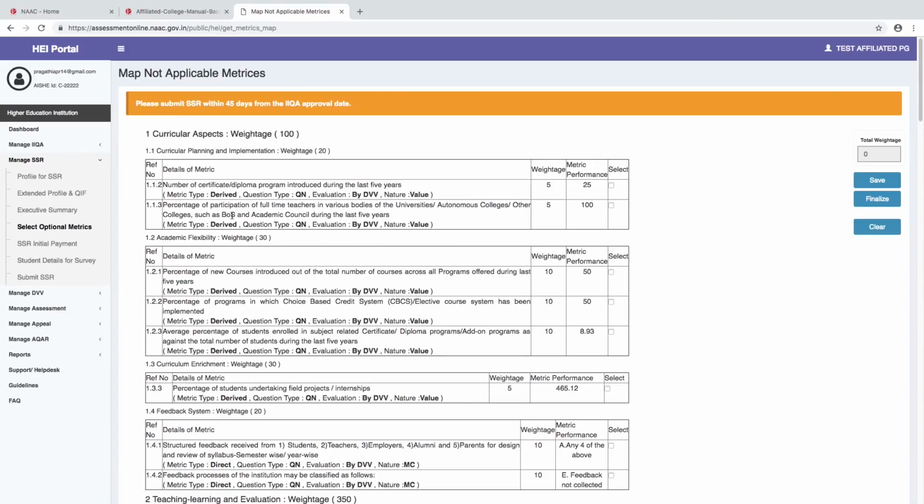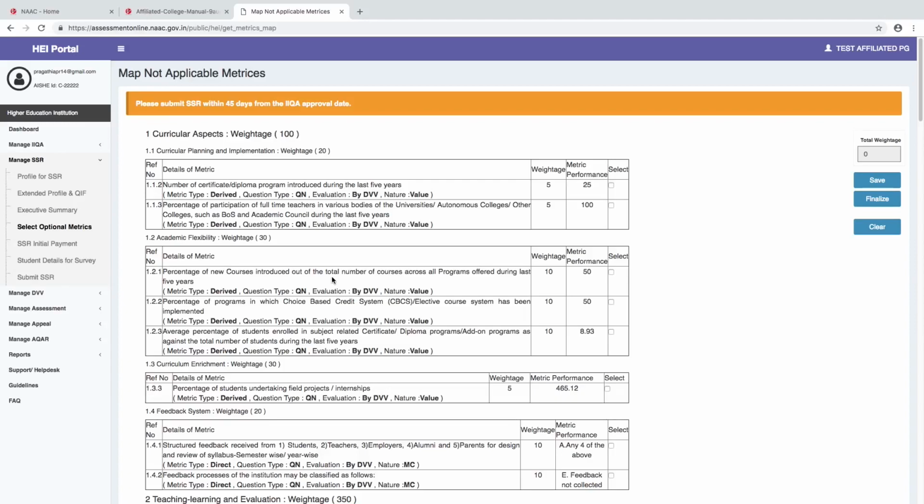In order to overcome the challenges posed by the revised accreditation framework, institutions may opt out of non-applicable metrics. The opt-out metrics are those apart from the essential metrics that are available as options to leave out by choice. The weightage would also be opted out for the calculation of CGPA.